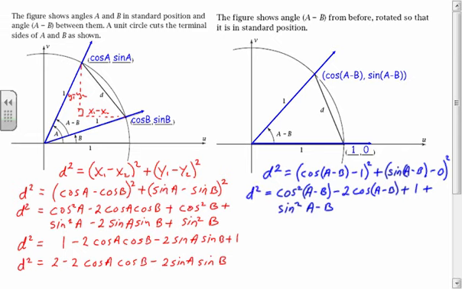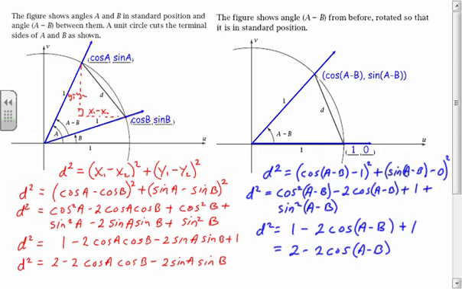Here's D squared. Let's see if we can simplify that a little bit. Cosine squared A minus B plus sine squared A minus B is equal to 1, minus 2 cosine A minus B, plus 1. Again, 1 plus 1 is 2, last time we checked, so 2 minus 2 cosine A minus B, and that's D squared.